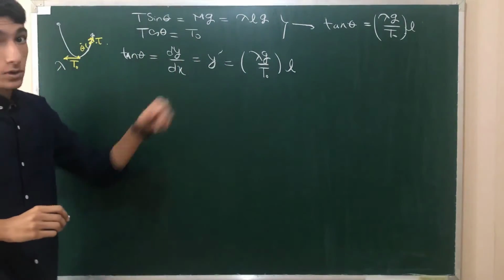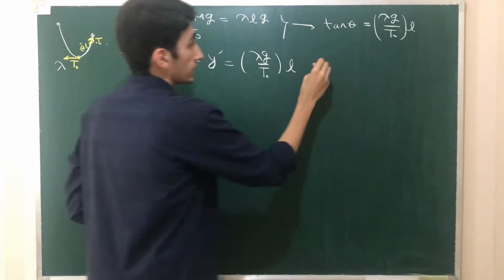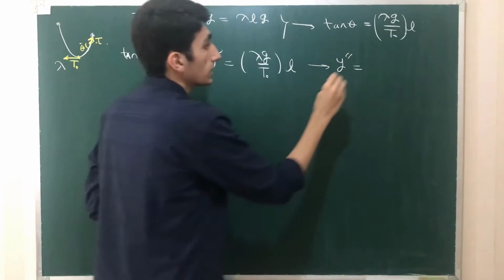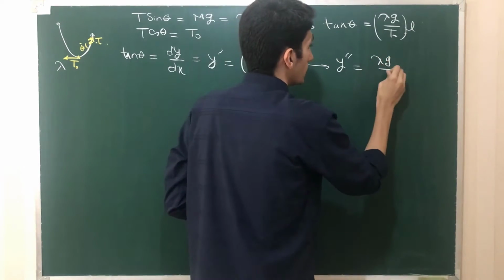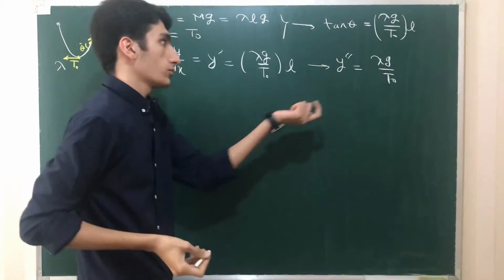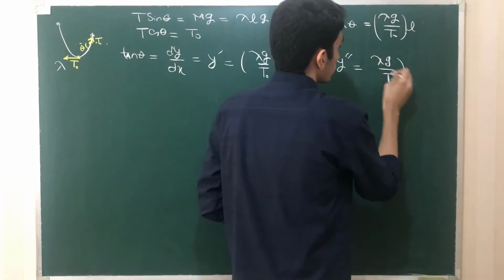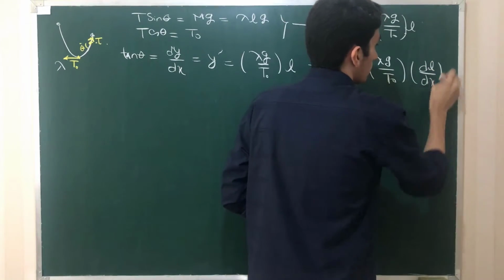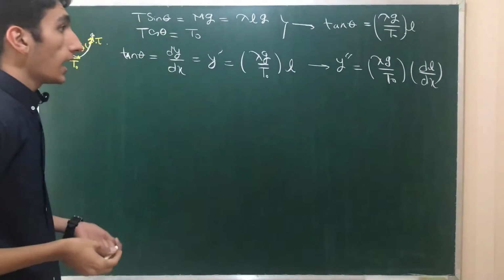If I differentiate both sides with respect to x, what I would get is that y double prime is equal to lambda G over T0, which is a constant, times dl over dx.